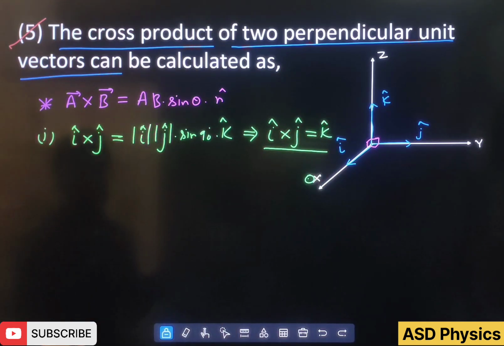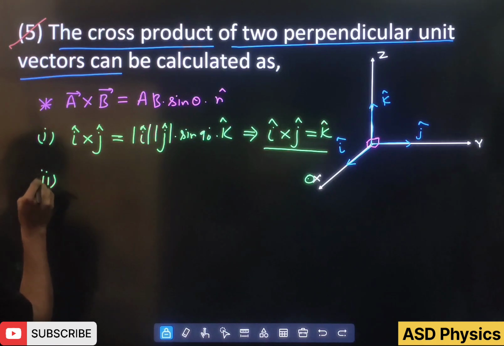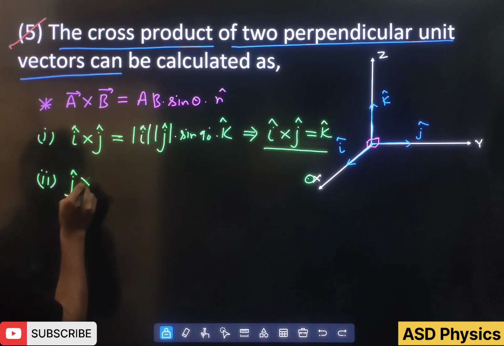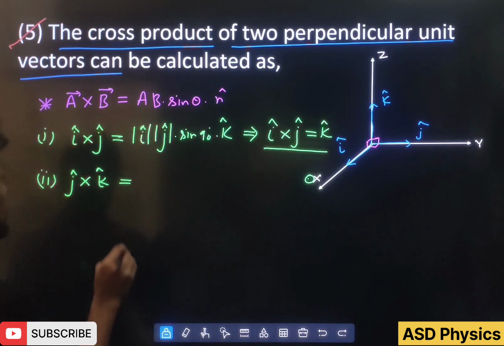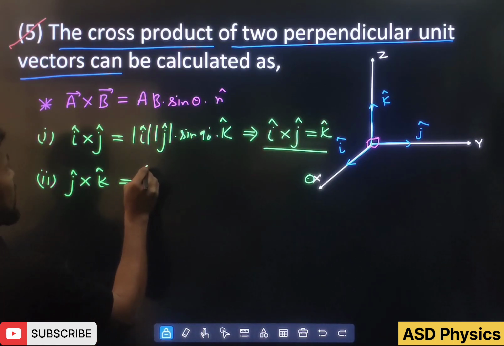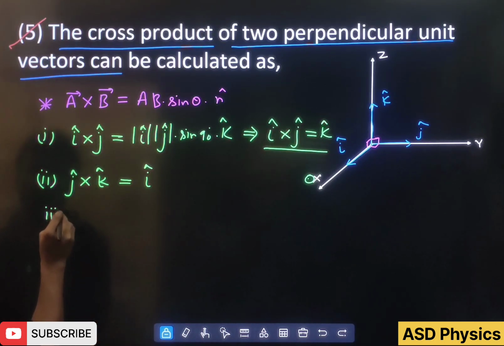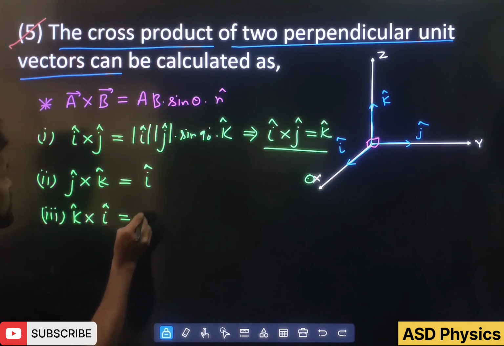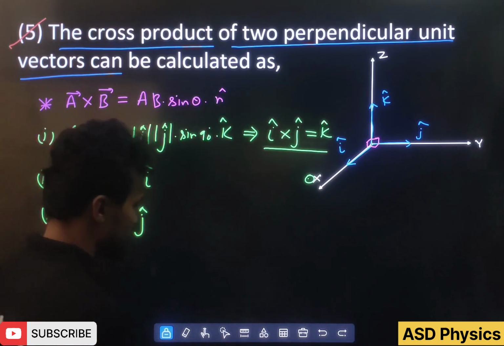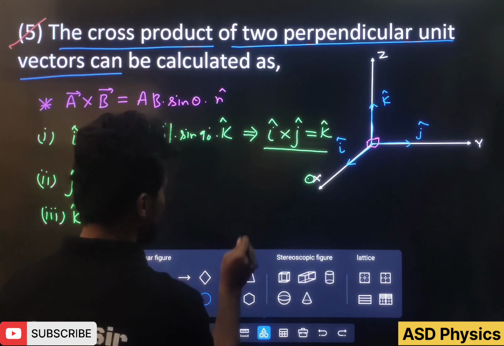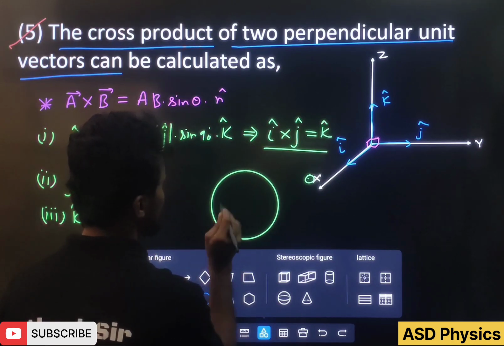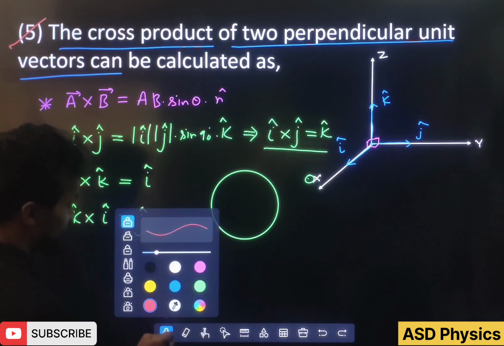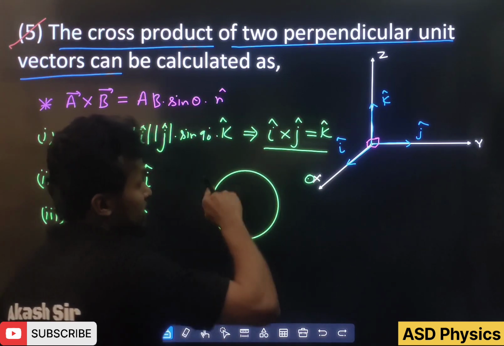Now remember, similarly, j cap cross k cap will be i cap. Third one: if I write k cap cross i cap, what will this be? j cap, in the same way. Even in the same way, I can tell also, if I make one circle here, and here I have taken the anti-clockwise direction.